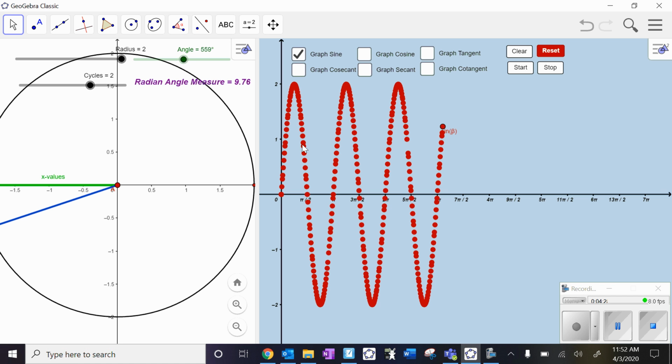But since I changed it to 2 cycles, I now have 2 complete sine waves, all between 0 and 360. That's the idea of your period coming into play. The same thing would happen if I choose the cosine function. If I choose cosine, now my height would be 2, and I would still get 2 cycles in between 0 and 360 degrees.